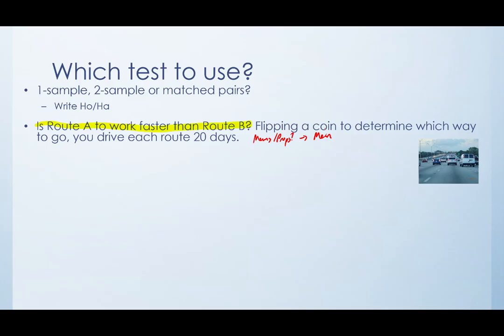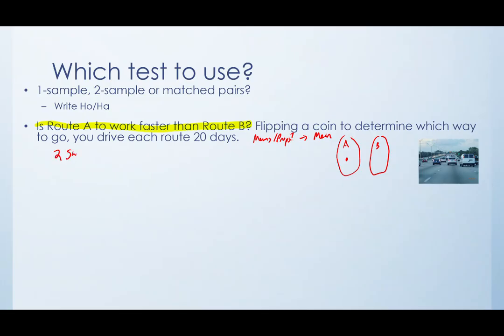We've got a group of route A times and a group of route B times, and the question is whether there is any link between the two of them. Like if I pick a particular day from the A route group, does it link to any particular day in the B route group? We're going to say, no, I don't think so. So this one's going to be a two sample means problem.